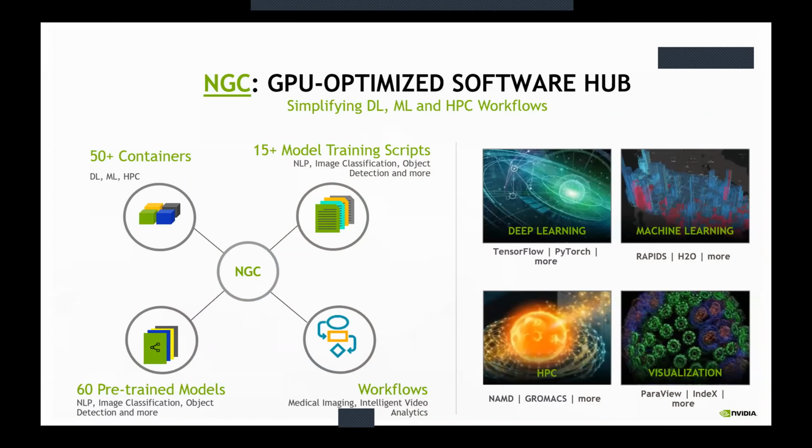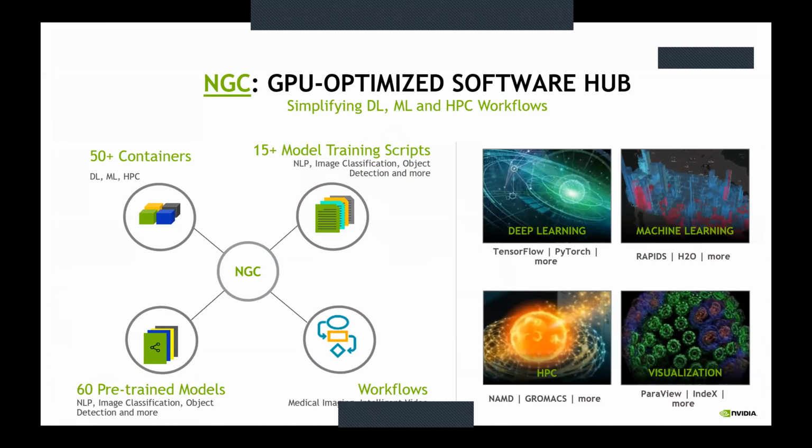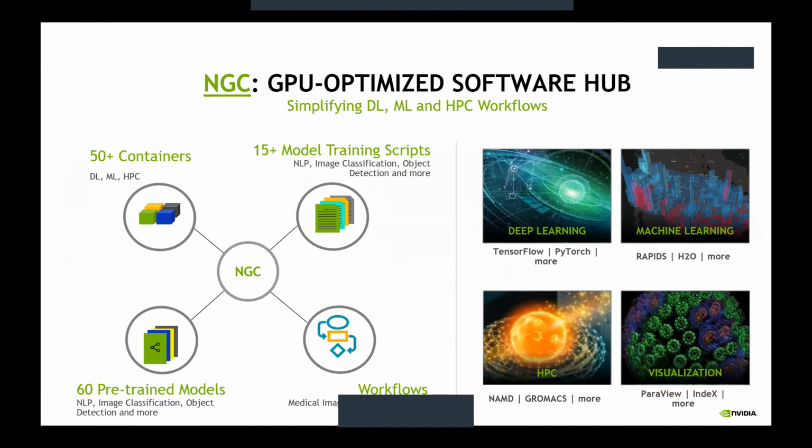Okay, so let's look at some of the resources available to assist researchers to get going with GPUs. So many of our frameworks and platforms and much of the HPC software that we provide is available via NGC, which is our repository of containerized software.